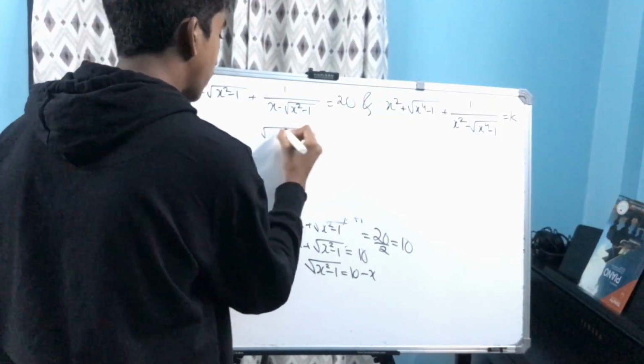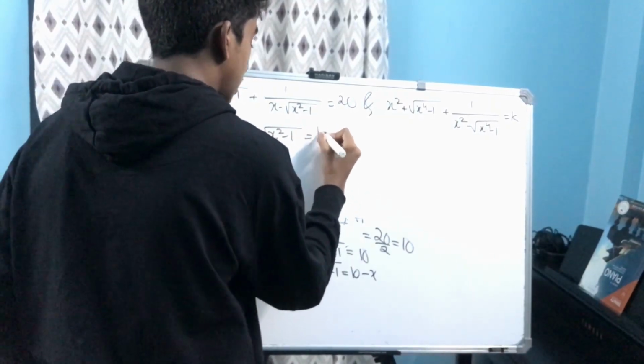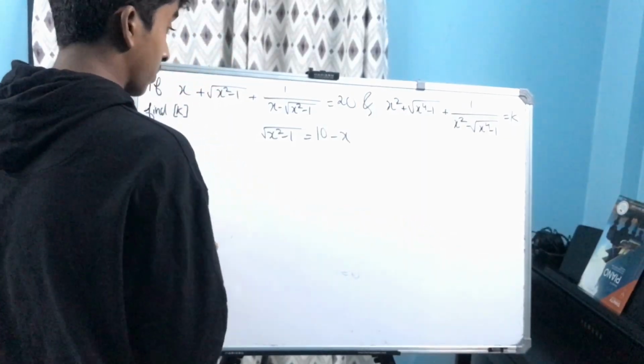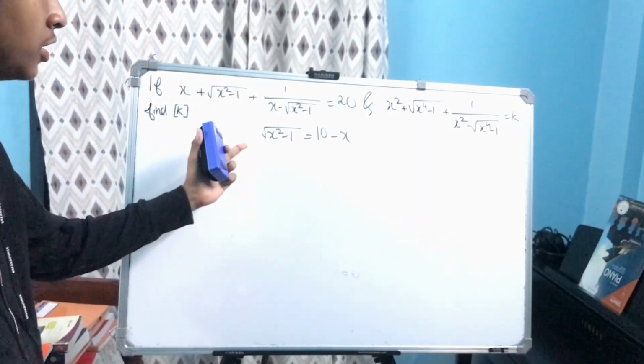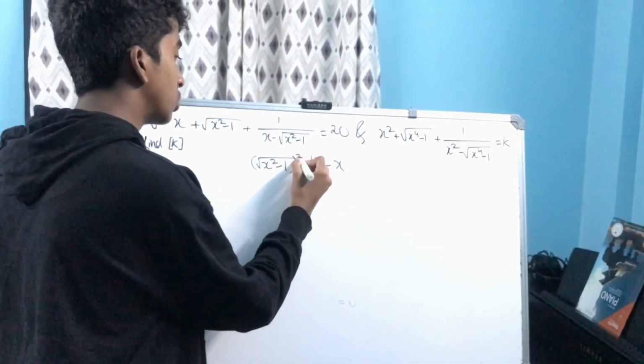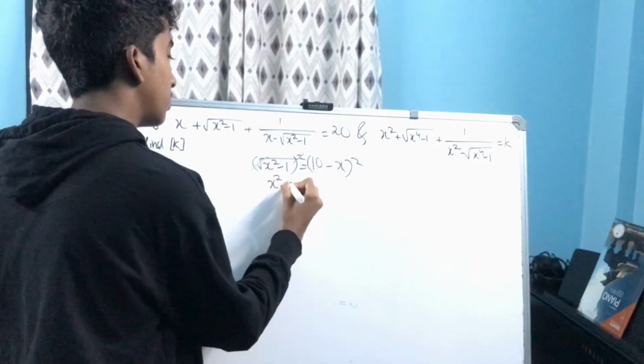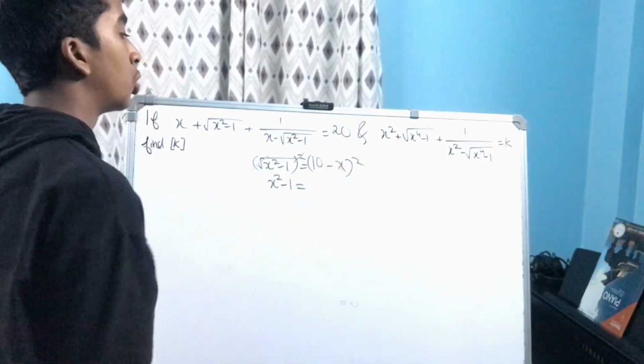So square root of x squared minus 1 equals 10 minus x. Now to eliminate the square root, we can simply square both sides. We are left with x squared minus 1 equals 10 minus x the whole squared.